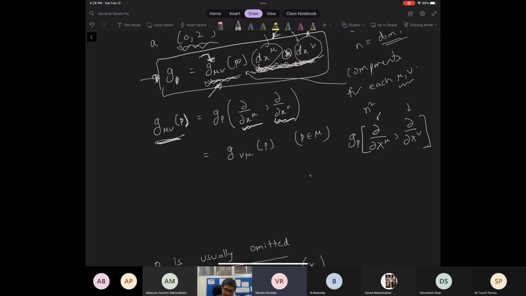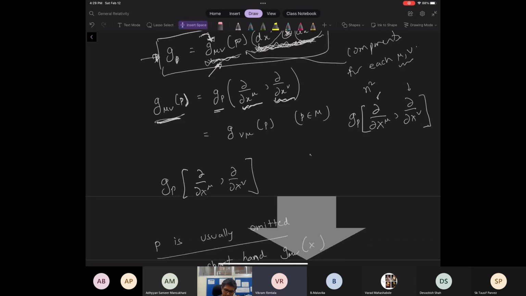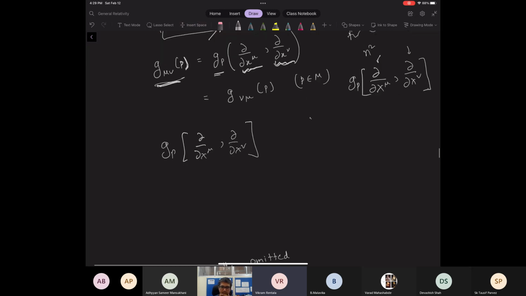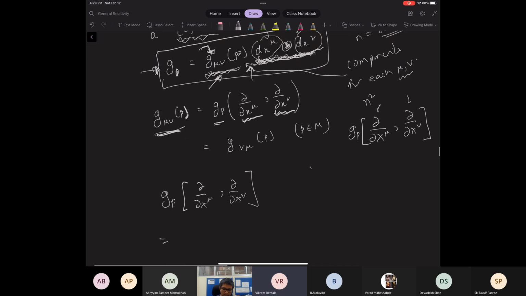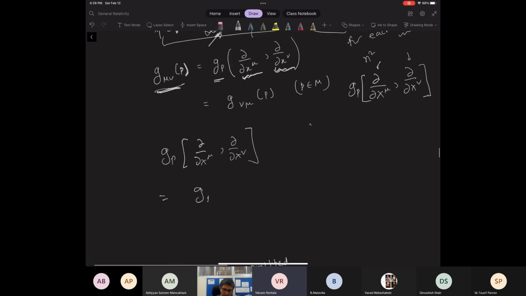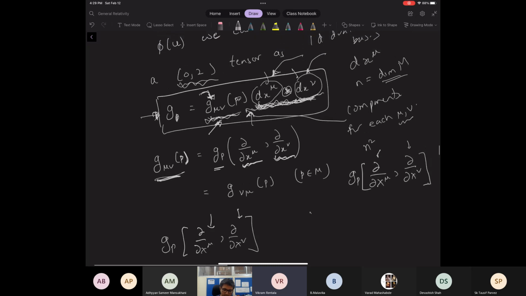The reason is, let's work this out. GP acting on partial x mu, partial x nu. So this is in a particular coordinate system. Now what we'll do is we'll write GP in terms of its coordinate basis entries. So we'll write it as g mu nu actually, but since we're using mu and nu here, we can replace the mu nu here with dummy indices.